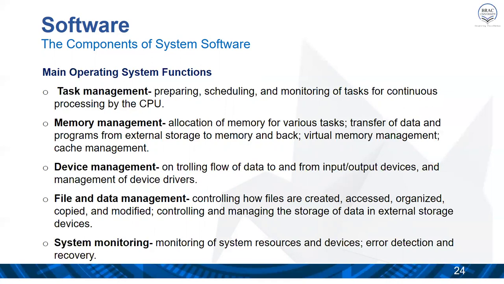Another function is memory management, the allocation of memory for various tasks, transfer of data and programs from external storage to the memory and back. Moreover, virtual memory management and cache management are also performed by the operating system. So device management, file and data management, system monitoring, and so on are performed by the operating system.